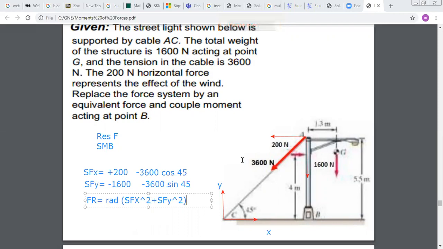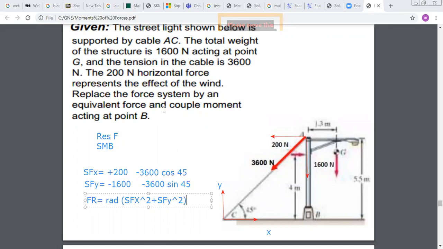So if you want to move all your forces and put them at B, you should add a couple equal to the sum of moments about B. If you want to reduce your system at A, you should put your resultant force at A, and add the couple of the total moment of forces about A. Because as we said, when we move a force from one point to another, we should add the moment of the force about the new point.